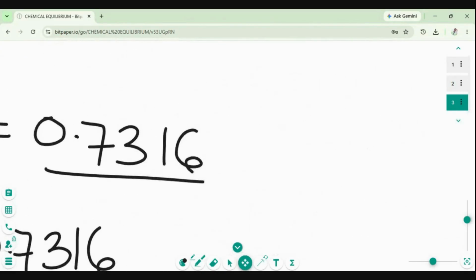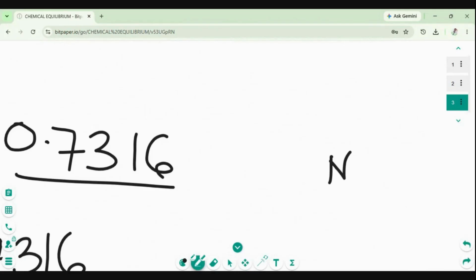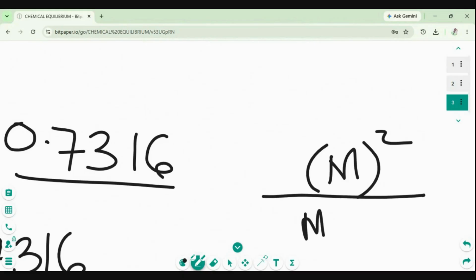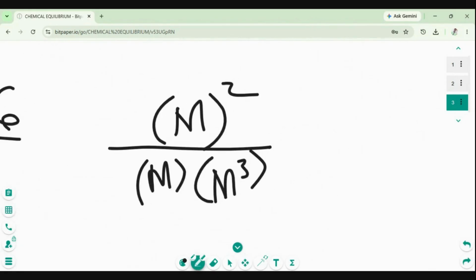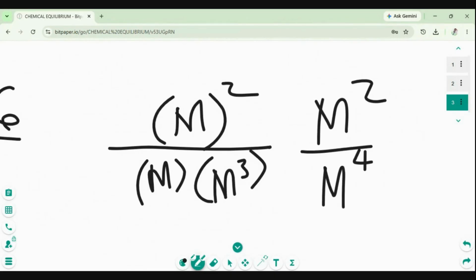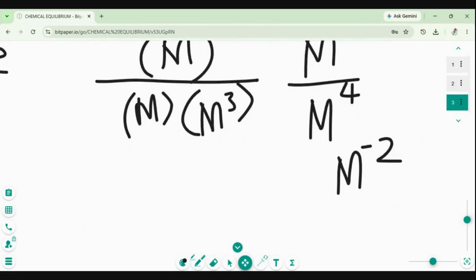So in this case, up we have molar squared, down we have molar times molar cubed. So it's like we have molar squared over molar power 4, which will be molar power -2. So that is the unit.